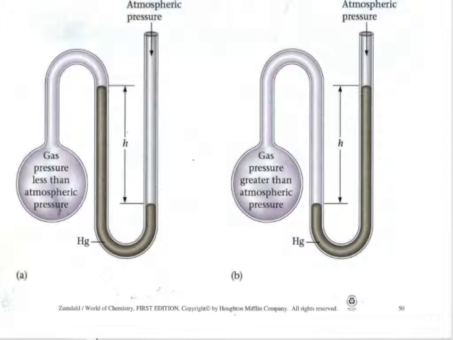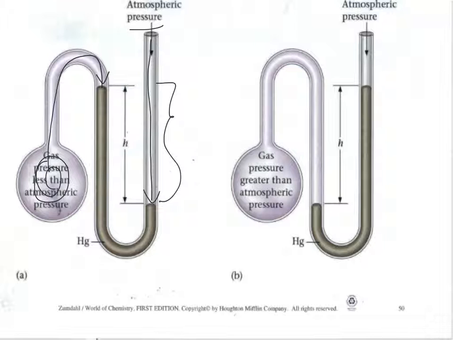If we're measuring a sample of gas, so let's say that we have the gas in here, and it's pushing in this mercury, and here the atmospheric pressure is pushing, we see that the atmosphere is winning. So what we would do is take the atmospheric pressure and subtract this many millimeters of mercury, and we would have the pressure of the gas, because it's less than the atmospheric pressure by that much.